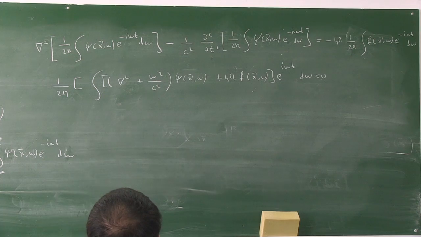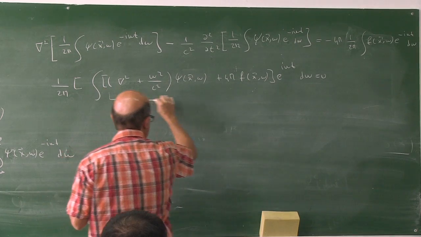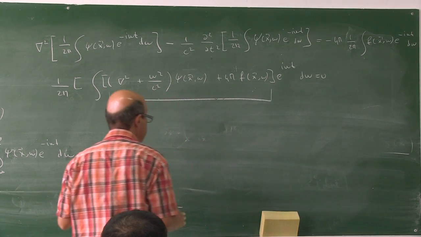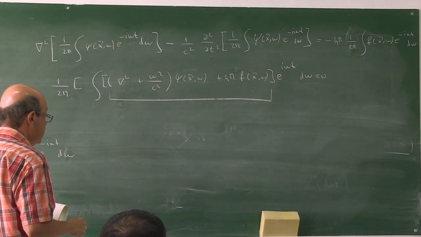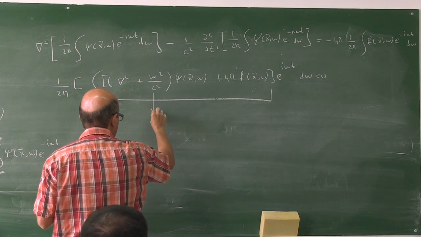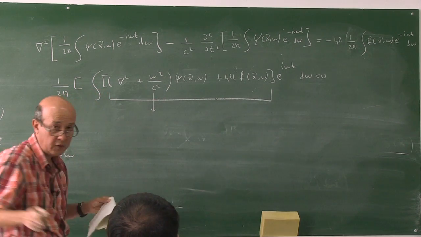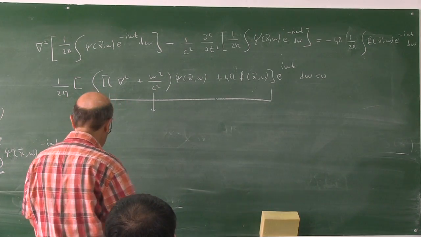So this equation is the equation in the frequency domain. The argument of the integral has to be 0 in order to get the 0 result. And I know that omega over c, what is omega over c? That is k, the wave number.